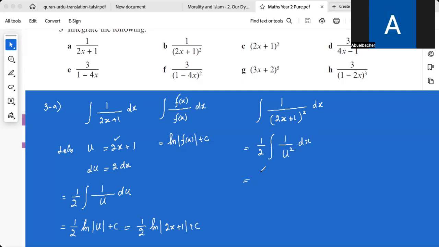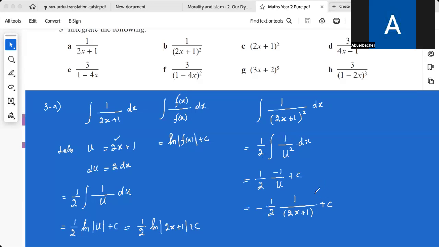And this answer is 1 over 2 times negative 1 over u plus c. Now let's put these values back. Negative 1 over 2 times 1 over 2x plus 1 plus c. Got it? Yeah. So this is actually our answer.